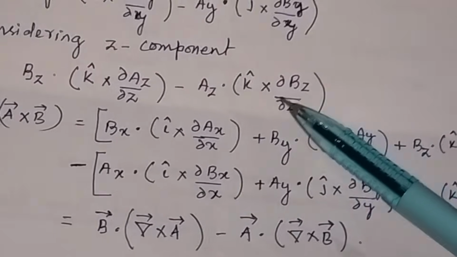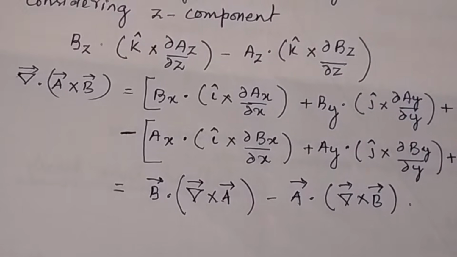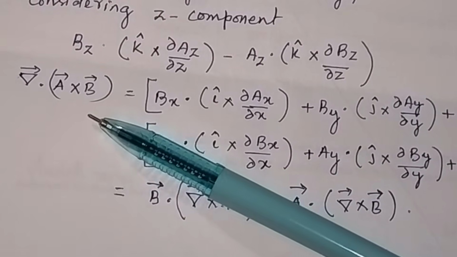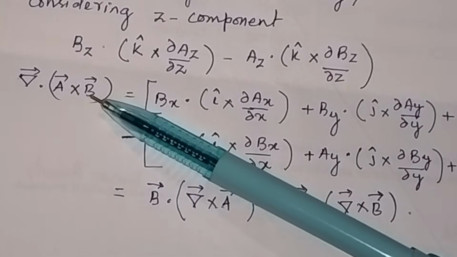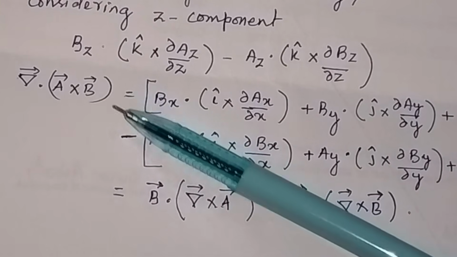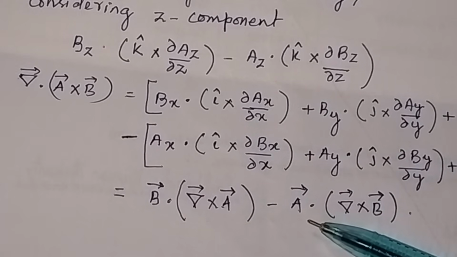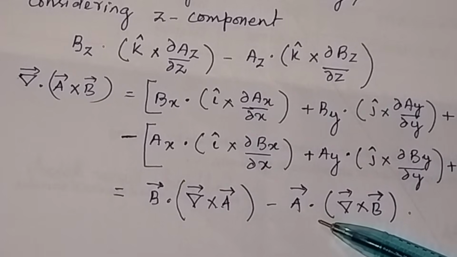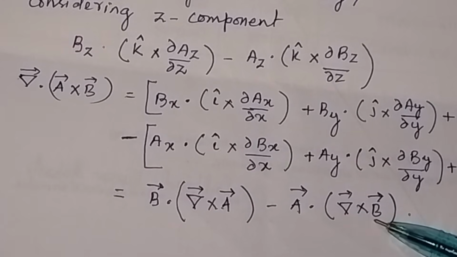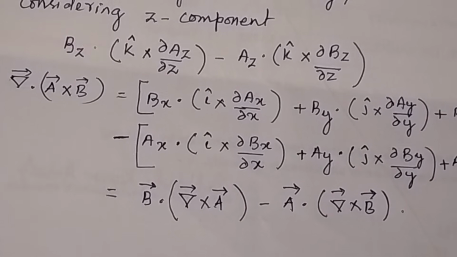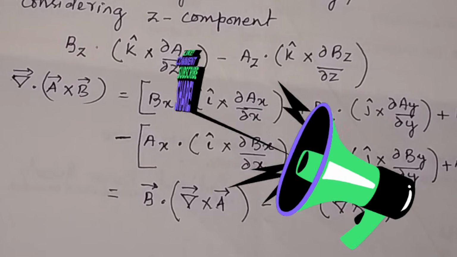So in this way you can prove that the divergence of the cross product of two vector fields A and B is equal to the dot product of the second vector field with the curl of the first, minus the dot product of the first vector field with the curl of the second. This is a very important vector identity which is useful in various problems in physics.